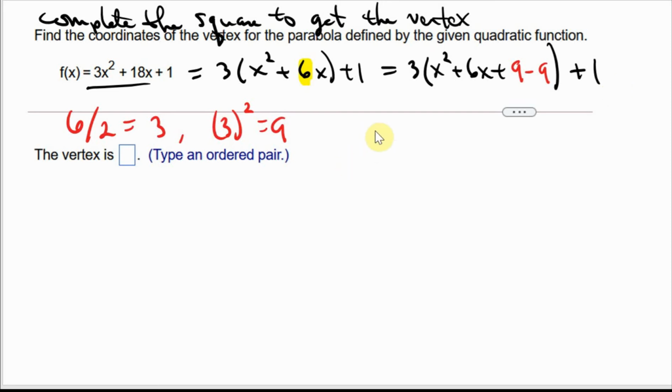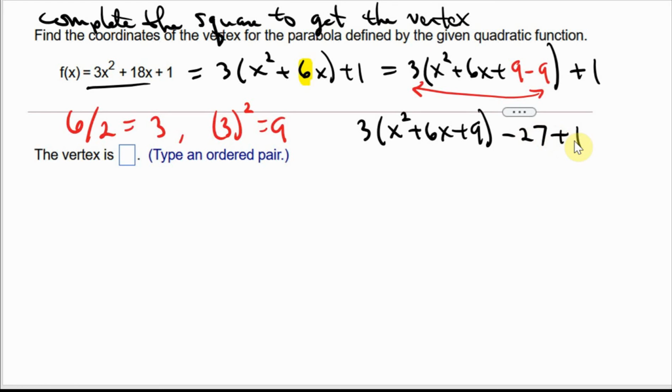So now we're going to take the negative part out. Leave that plus 9 there. Take the negative out. Take it by the front door. So we bring it out, multiply it by that 3. So we have negative 27 on the outside plus 1.